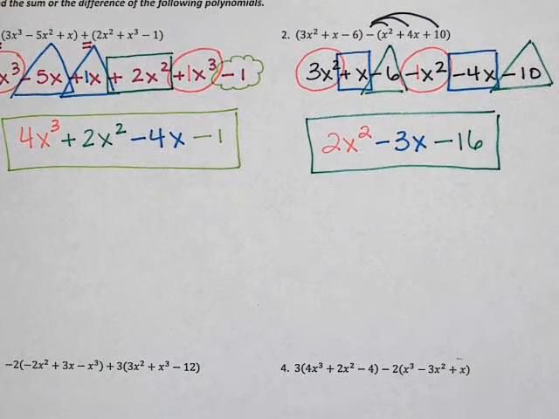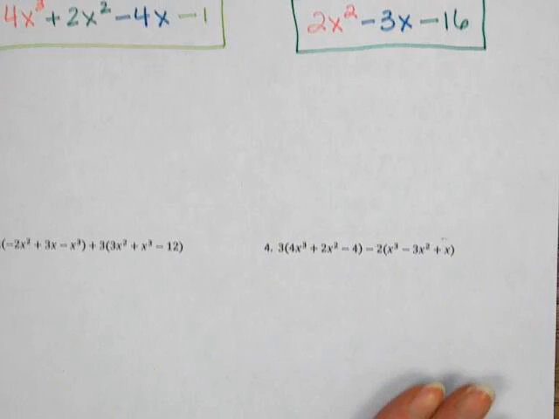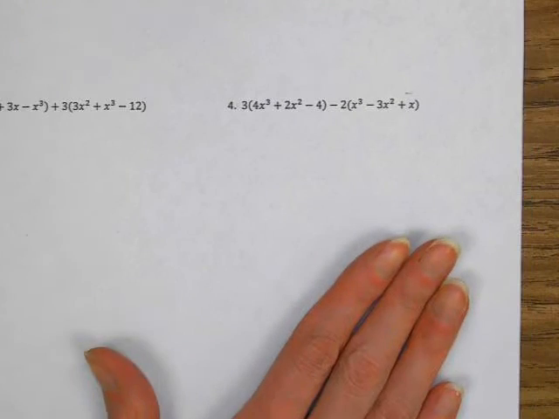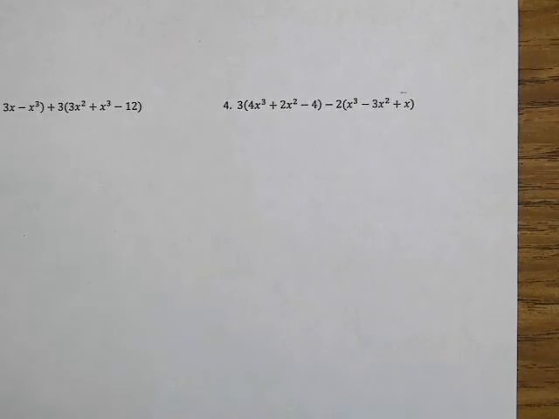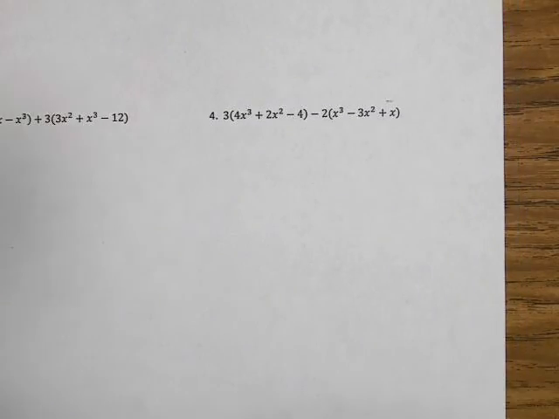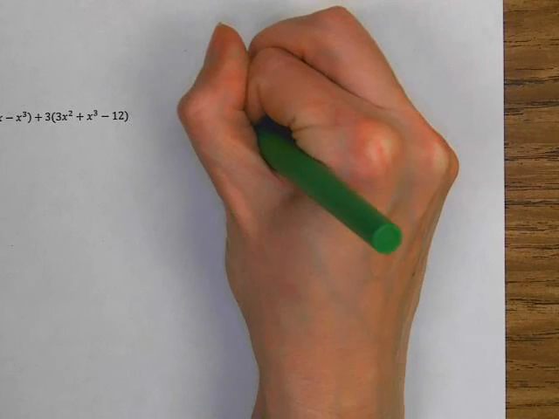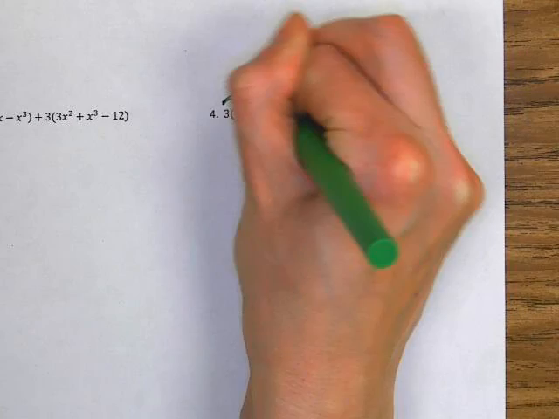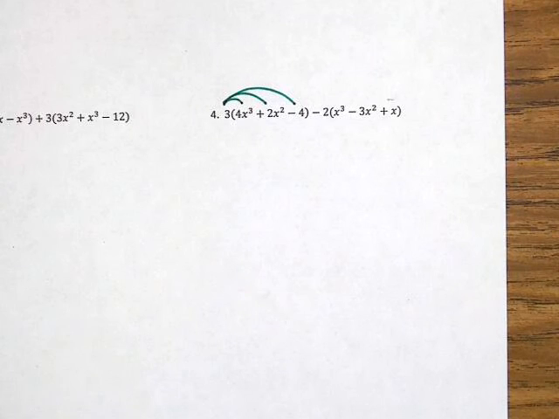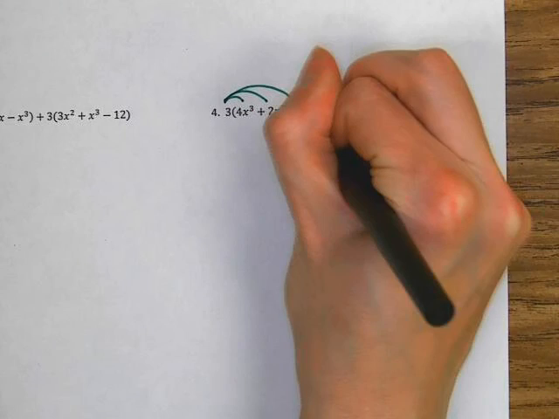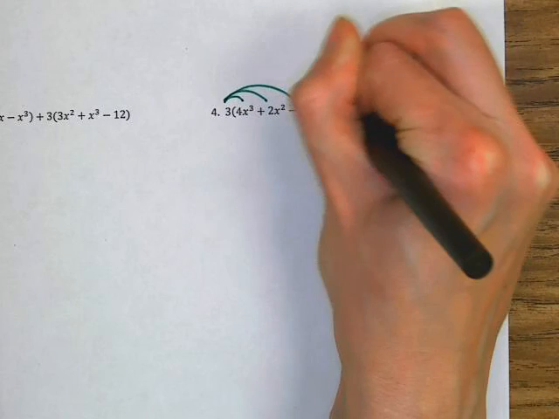Okay, and I just want to do one more where you also have to distribute, and then we are done. So let's do number 4. In the first parenthesis, we have to distribute the first one, everything times 3. And then in the second parenthesis, we have to multiply everything, distribute by negative 2.